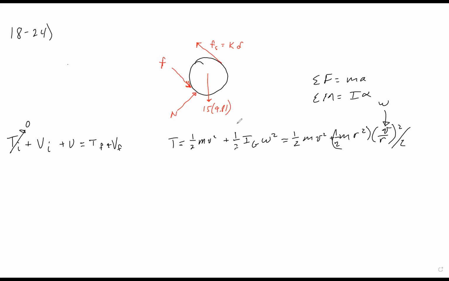So now we have terms that are all in the same ballpark, all the same type. We can cancel out the r squareds, and we have a velocity squared now, and we have 1/2 mv squared plus 1/2 mv squared, but this one's divided by 2.